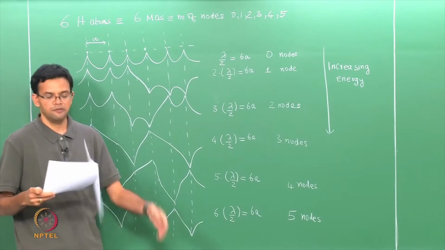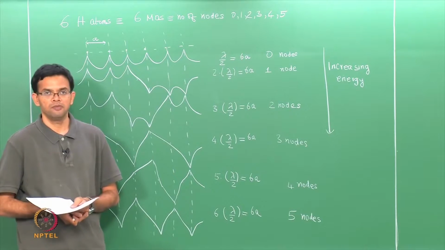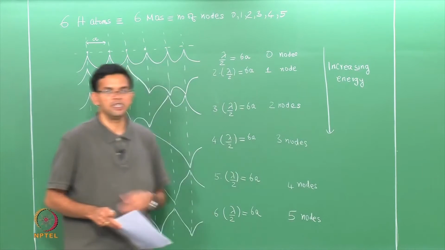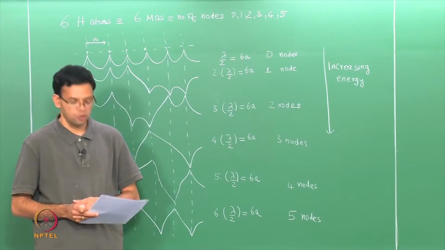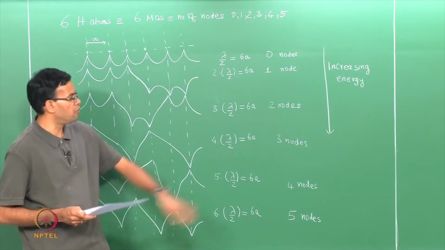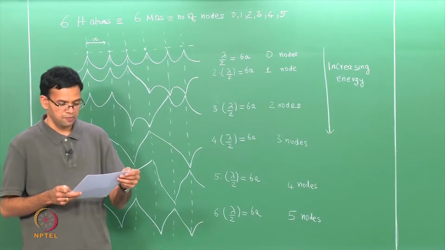So, this answers the first part of the question: draw the 6 possible molecular orbitals. We also see that the energy increases with the number of nodes. When we ask how the energy depends on the number of nodes, the more the number of nodes, the greater is the energy.